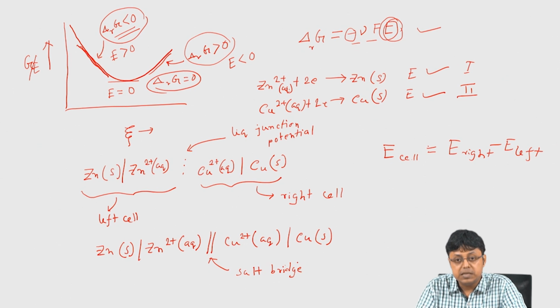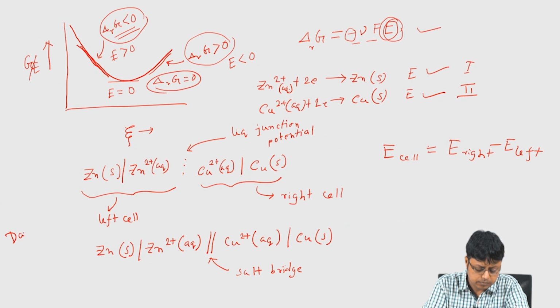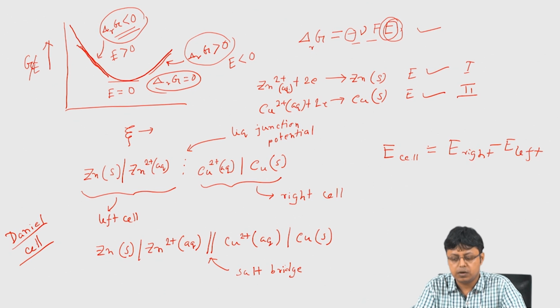So, this is a representation of the entire cell. In this case, this cell is very famously known as the Daniell cell. Already you studied this in your high school electrochemistry.